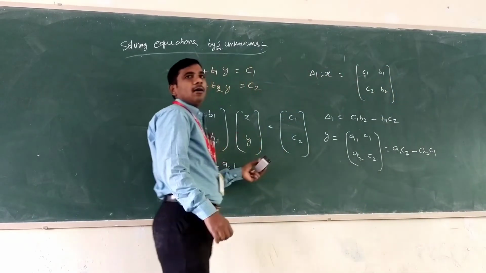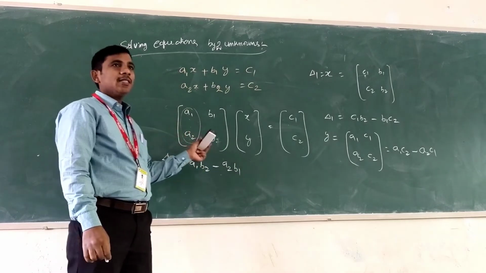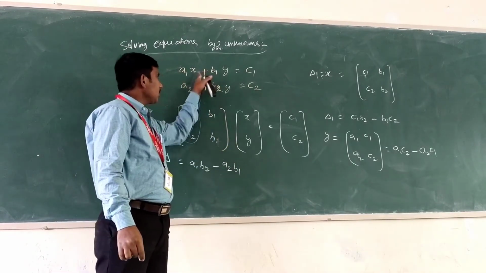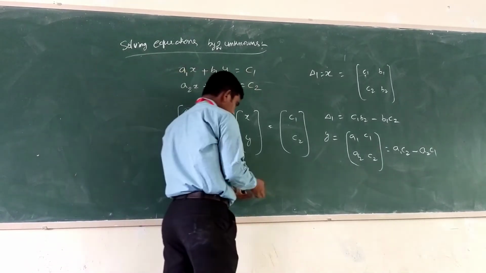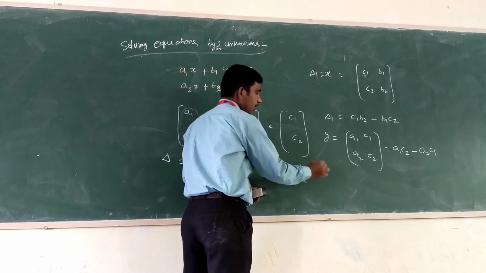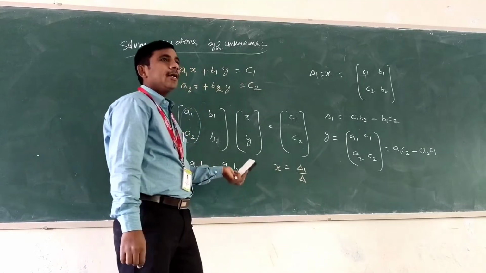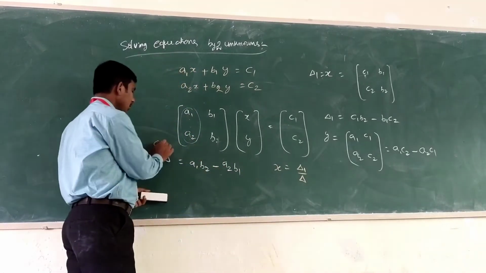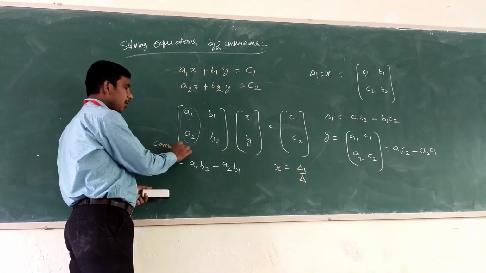Now this is Cramer's method to find the unknowns x and y. To calculate x, it is delta 1 by the common determinant delta.